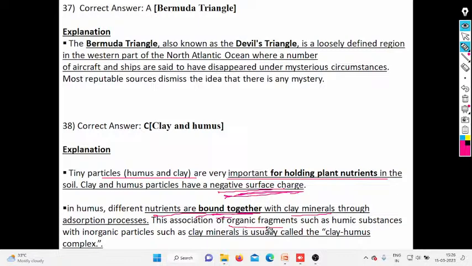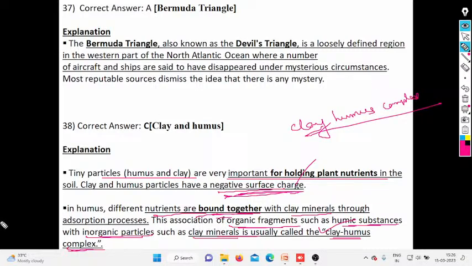This association of organic fragments such as humic substances with inorganic particles such as clay minerals is usually called the clay-humus complex.